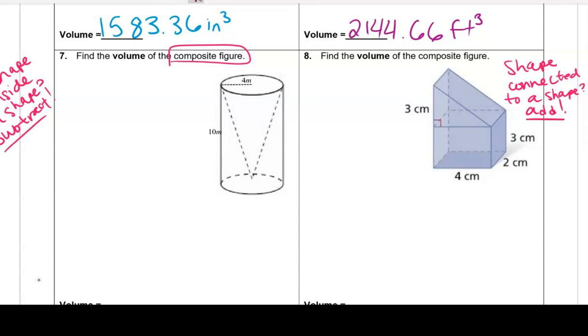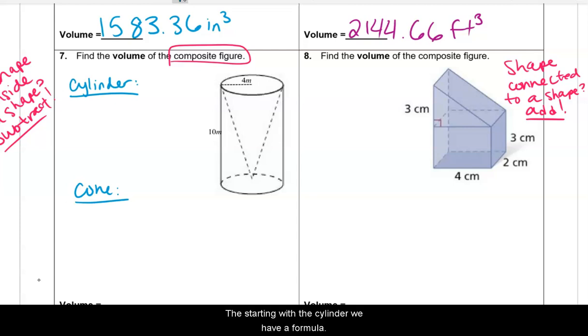Okay, so for the first one, we're going to find the volume of the cylinder, and then we're going to find the volume of the cone, and then we will subtract the 2. So starting with the cylinder, we have a formula of pi r squared h.